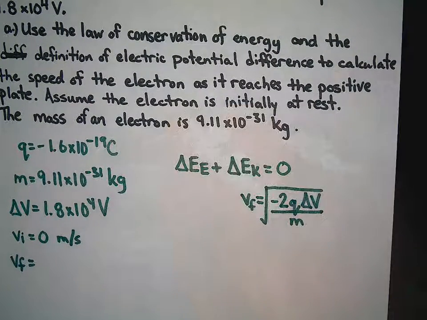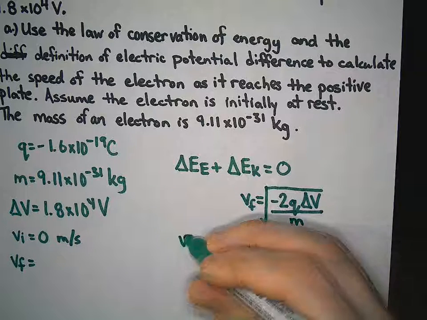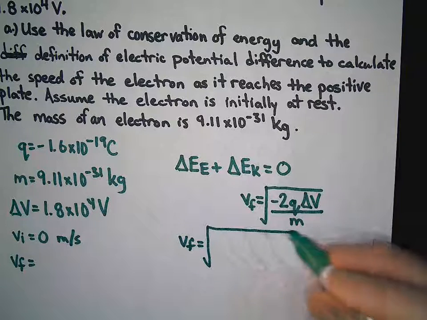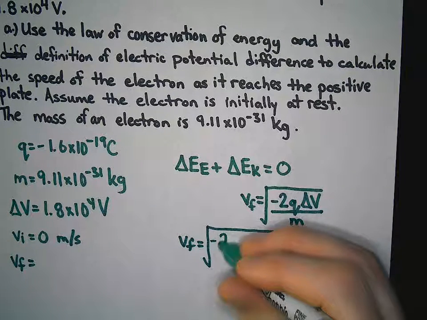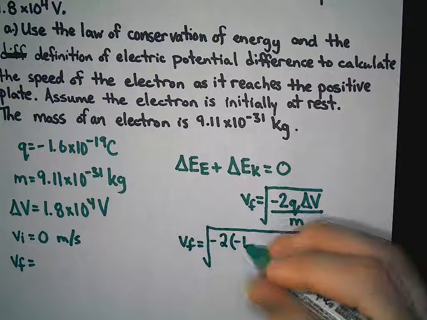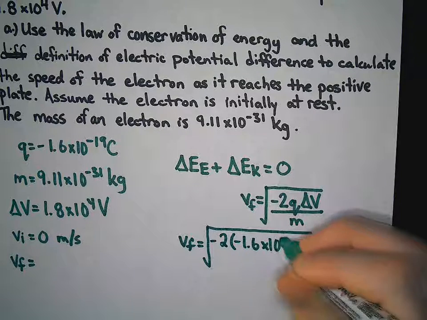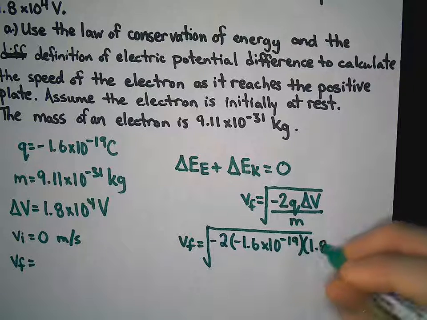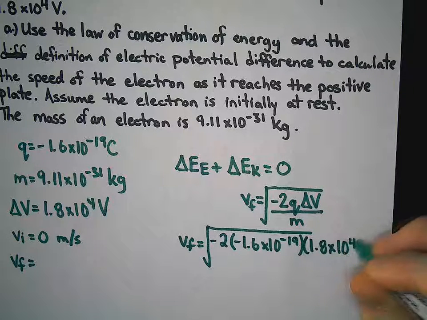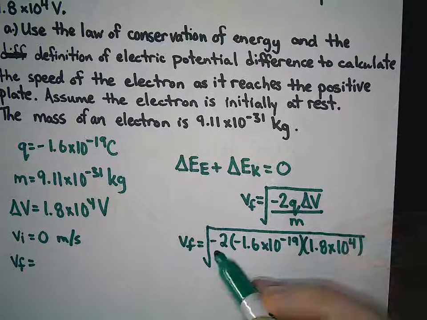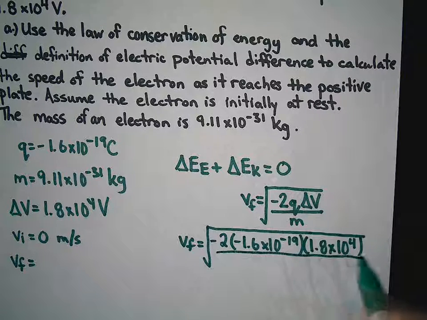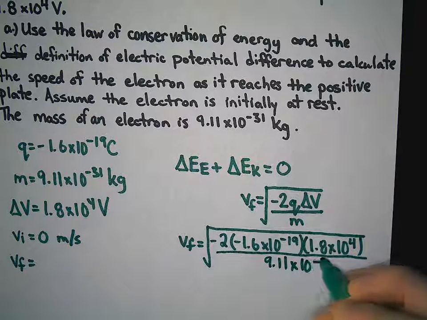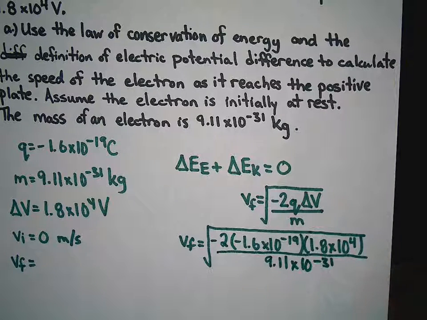Substituting in all these values here, we get that Vf is equal to the square root, with substitution of each value, and all of this will be divided by the mass m as follows.